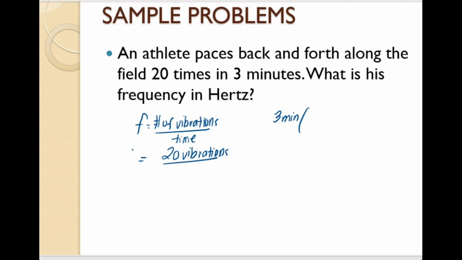So let's convert. 3 minutes, we have 60 seconds in 1 minute. There, that is our unit conversion, 60 seconds per 1 minute, and that is equivalent to 180 seconds. So we have frequency is 20 vibrations divided by 180 seconds, equals 0.11 hertz.